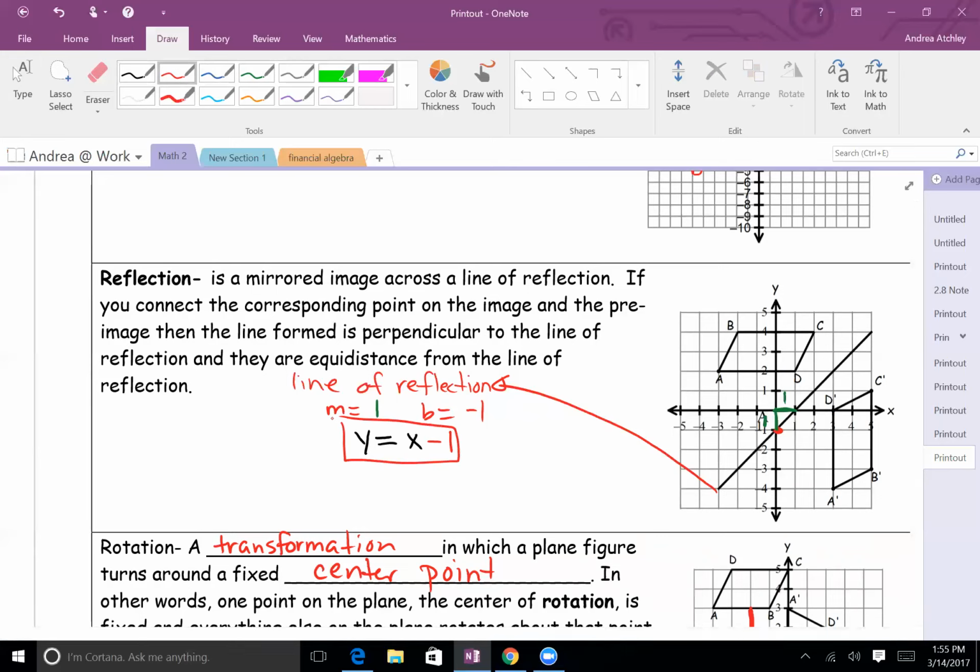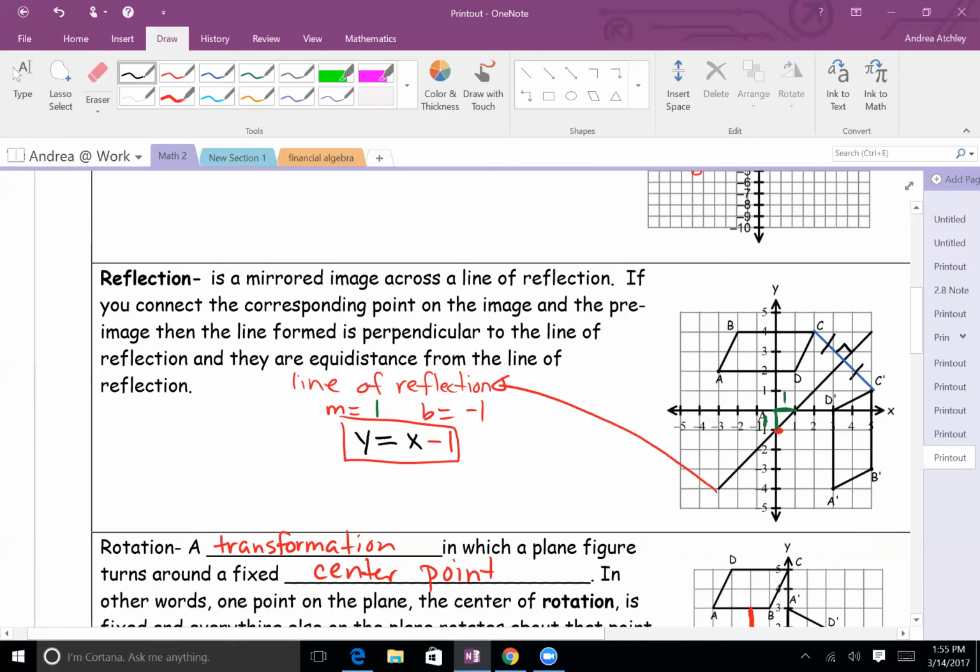Then it also says that if I connect the pre-image and the image points, so that's if I connect C to C prime, that line that I created, this line right here, the blue line, is perpendicular to the line of reflection, and it is congruent on either side.